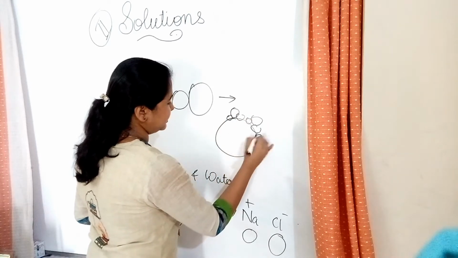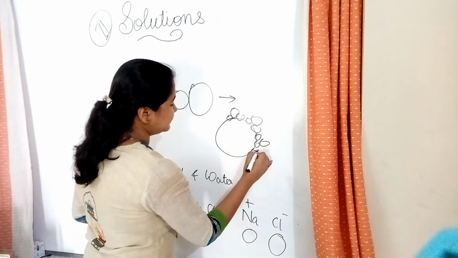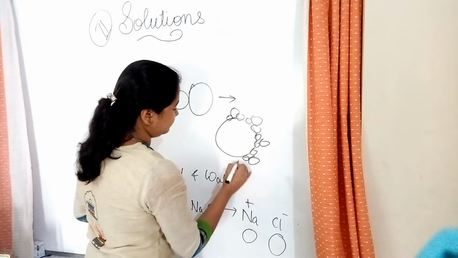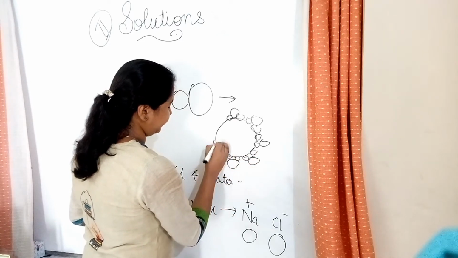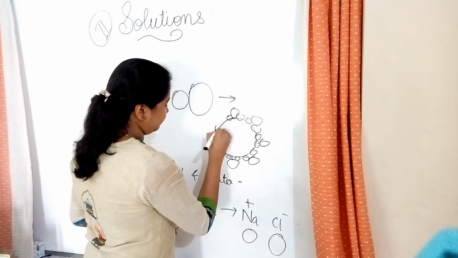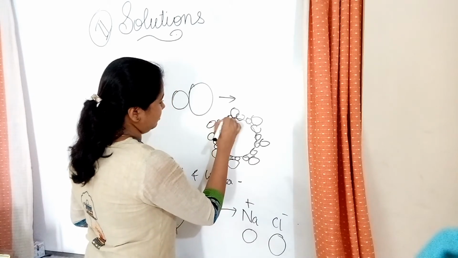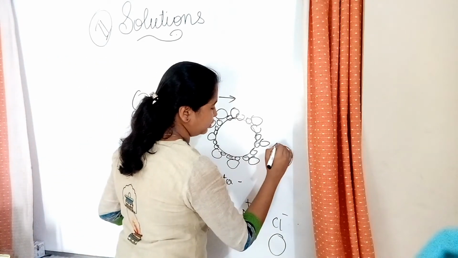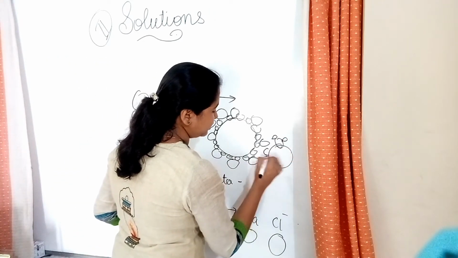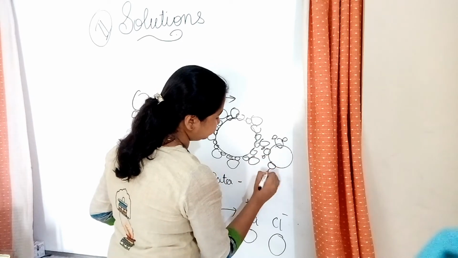Water molecules will surround these and this NaCl will split. Okay, this is just a rough diagram. I'll show you the fair diagram now. This will be surrounded, and the same way the other molecule will also be surrounded by water.